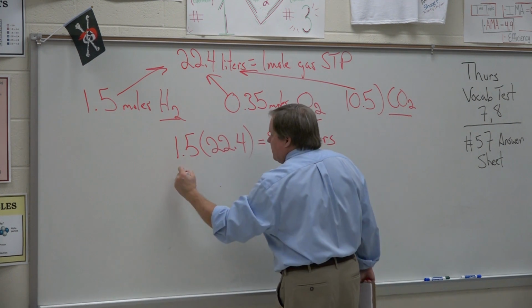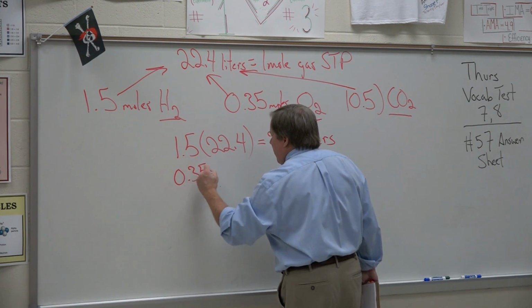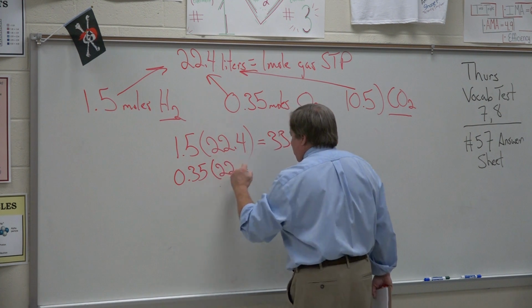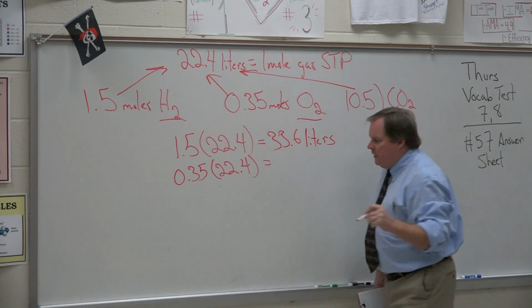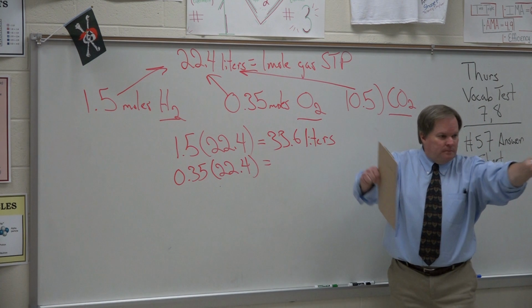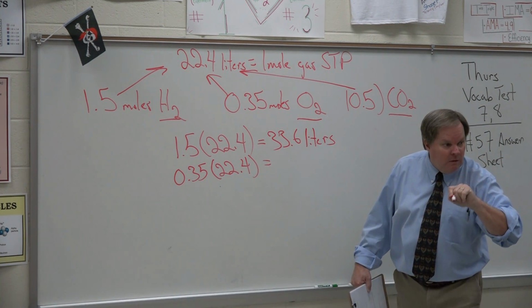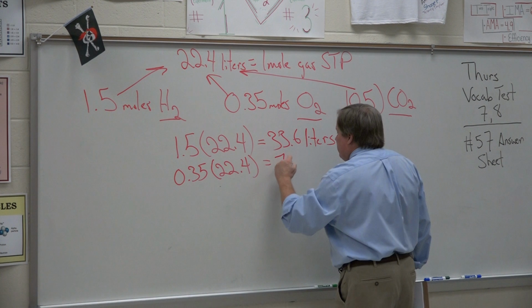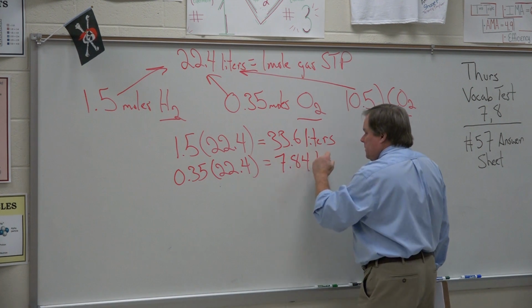Moving to the oxygen: 0.35 times 22.4 equals 7.84 liters.